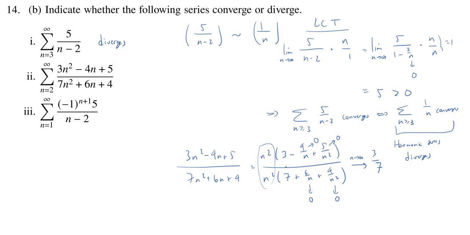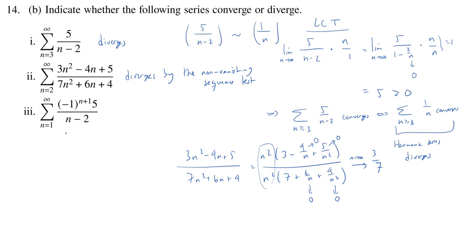But again, if your underlying sequence does not converge to 0, then your series diverges. So this diverges by the non-vanishing sequence test.